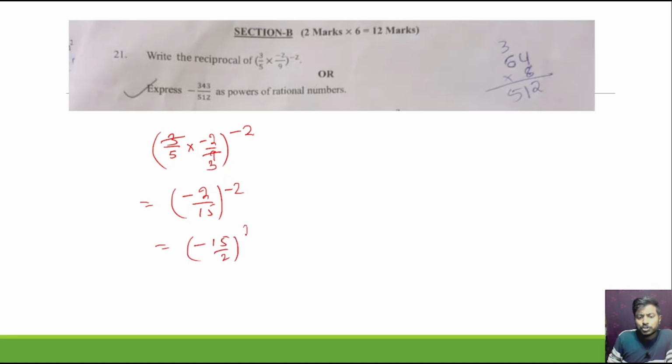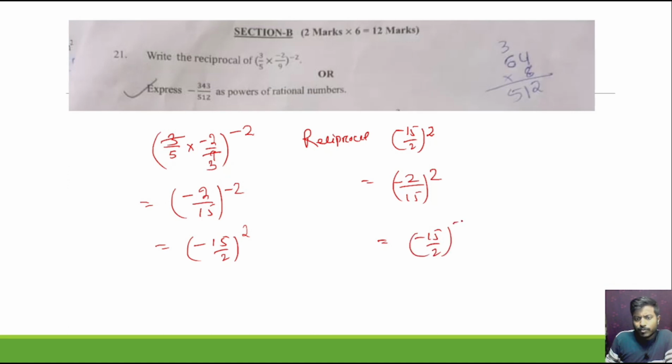So find the reciprocal. The reciprocal of minus 15 by 2 to the power 2 is minus 2 by 15 to the power 2. Okay, or you can write minus 15 by 2 to the power minus 2. Okay. Next question.